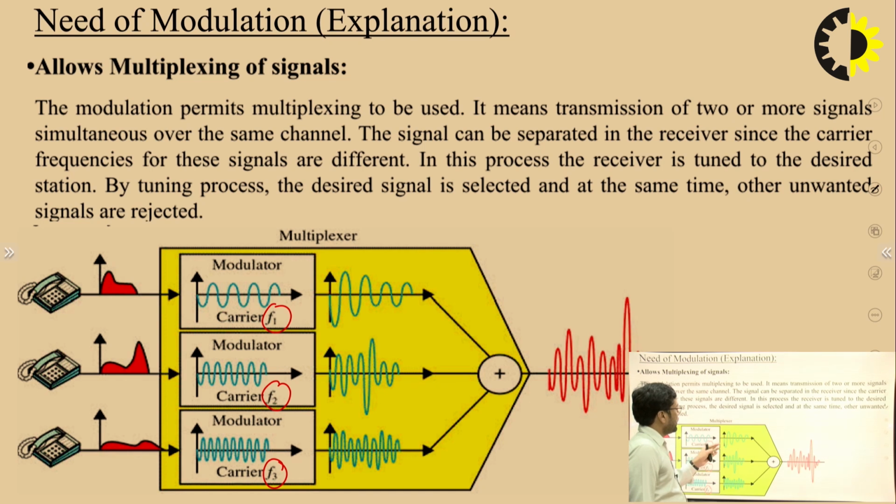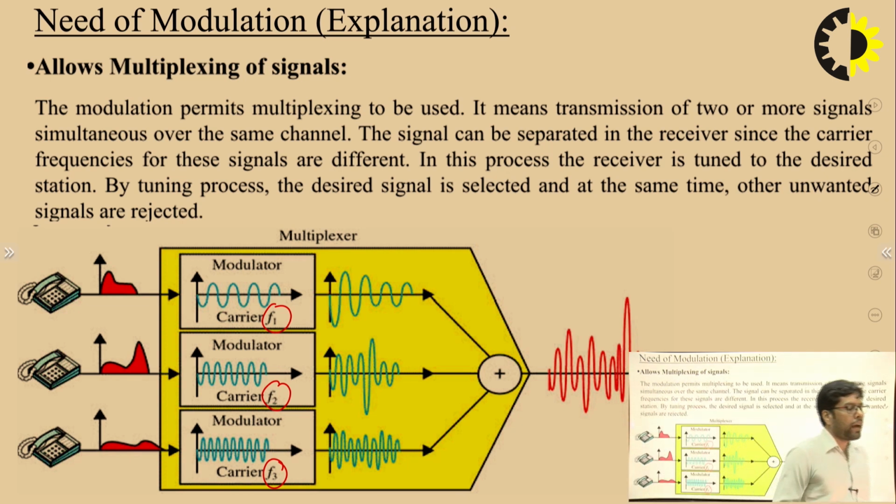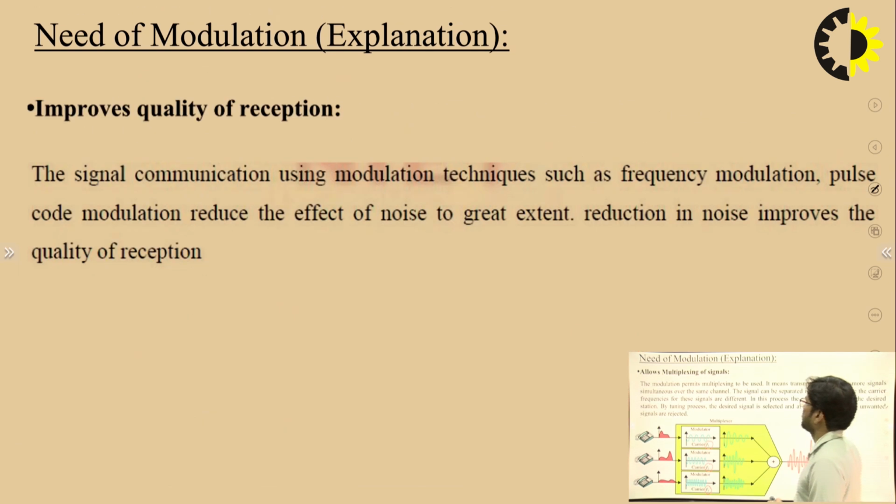So we can say multiple signals can be transmitted over a single channel with the help of different carrier frequency modulation, right? So modulation helps or allows multiplexing of the signal as well.